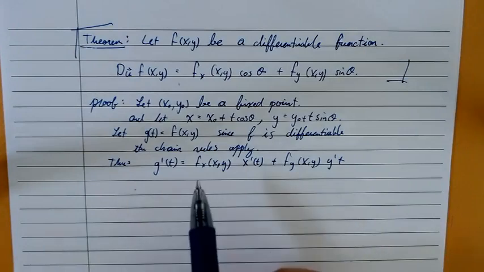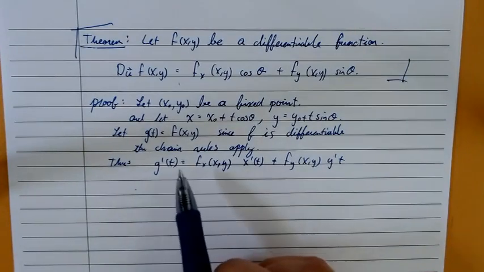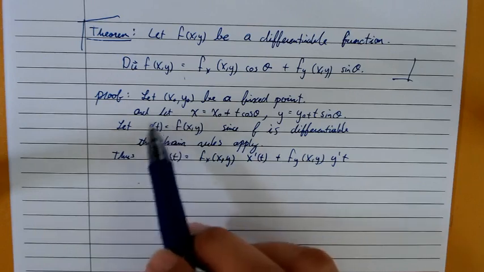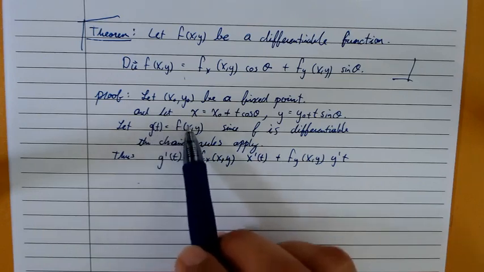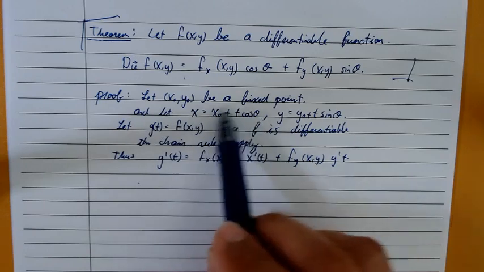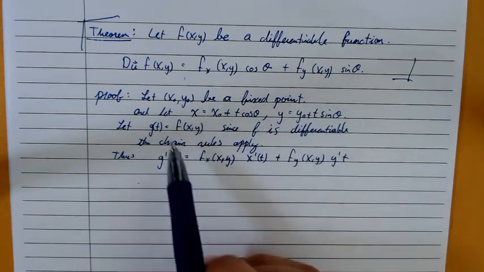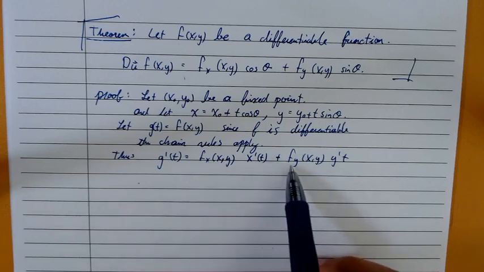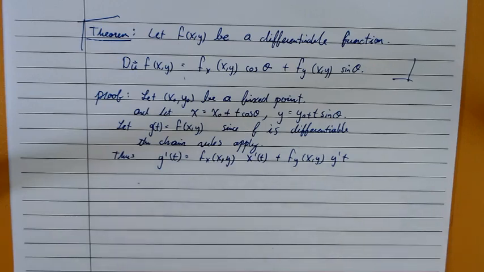So here we're just using the chain rule that shows us what the derivative of the composition is. Here g is f of, and your x and y are being replaced by these parameterizations. So g prime is the first partial with respect to x times x prime plus the first partial with respect to y times y prime.